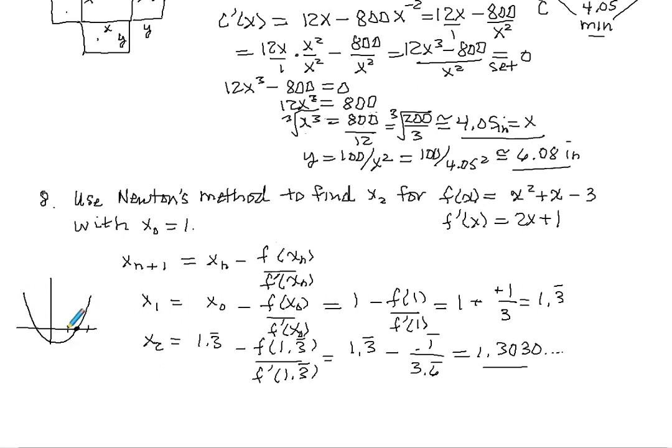So first we started at 1, then we got to 1.3, and then the next step will get closer, and the next step after that closer yet, and it'll converge, have a limit of that root. That's what Newton's method does for us, and it does it by iteration. And now granted, on this one we could actually confirm that root using the quadratic formula.